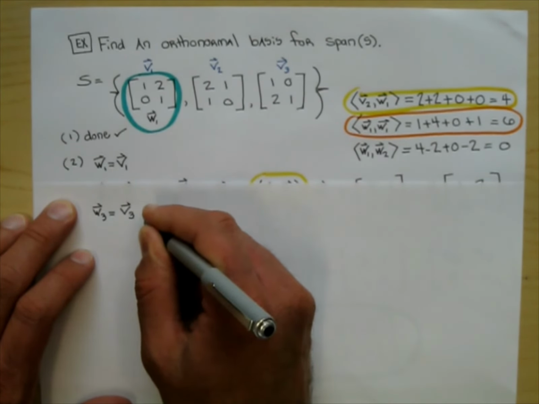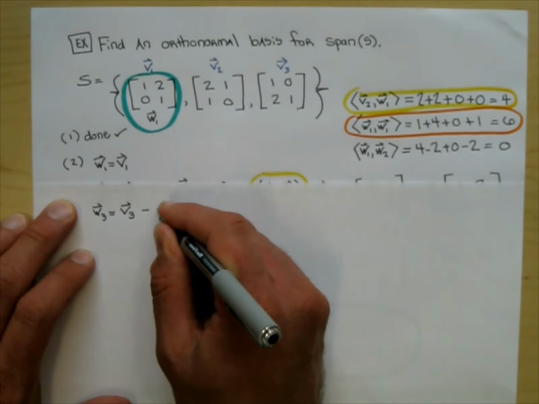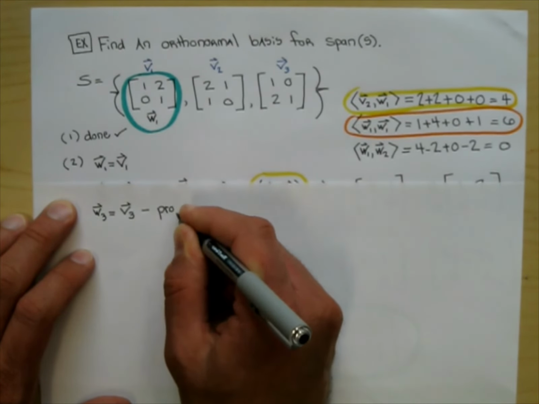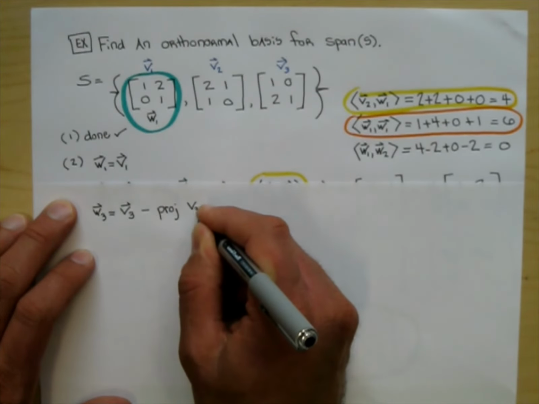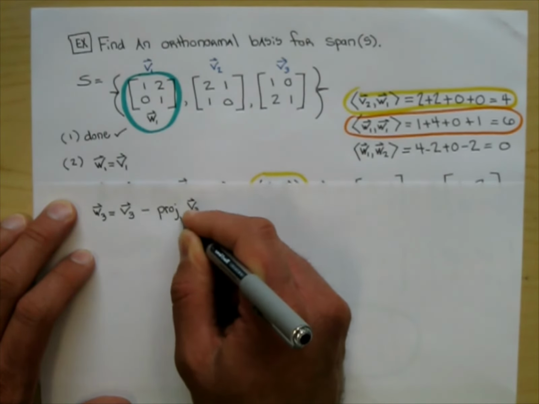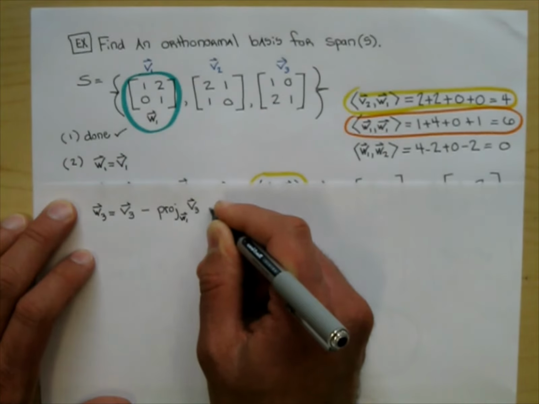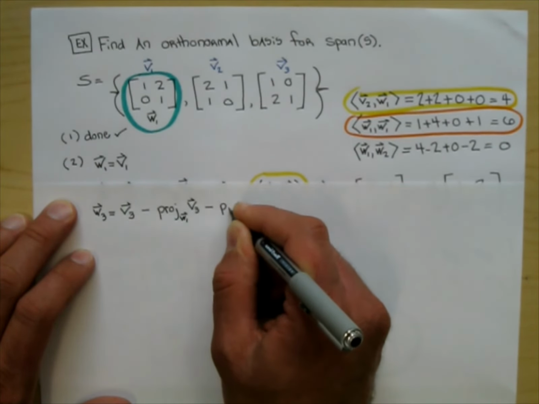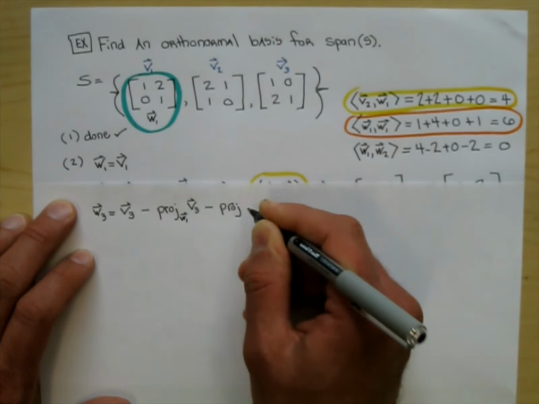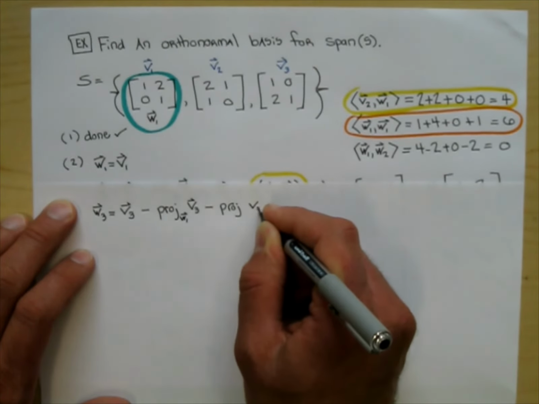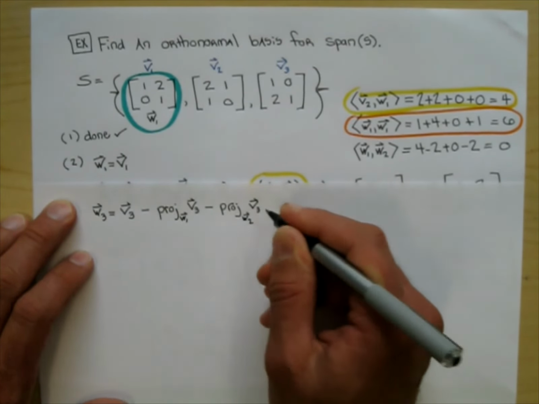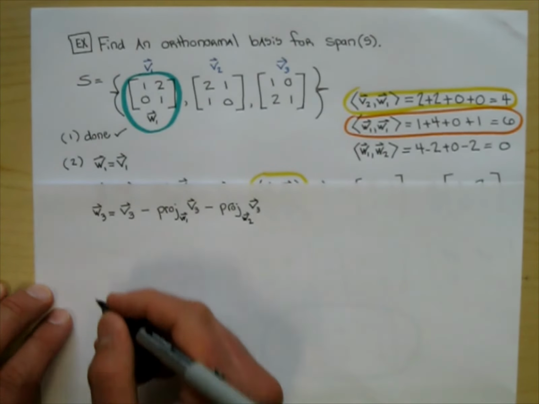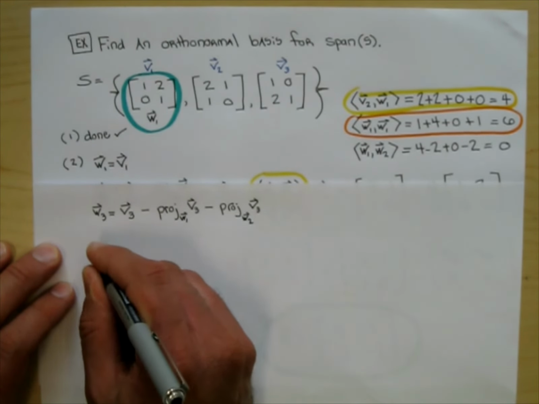V3 minus the projection of V3 onto W1 minus the projection of V3 onto W2. Okay. So I'm going to rewrite that.